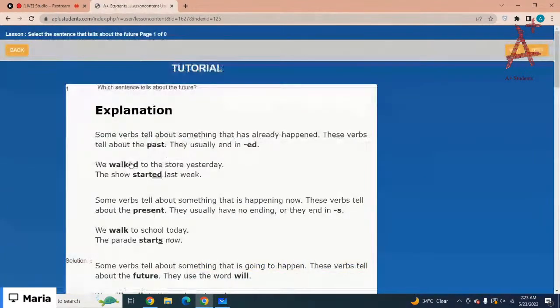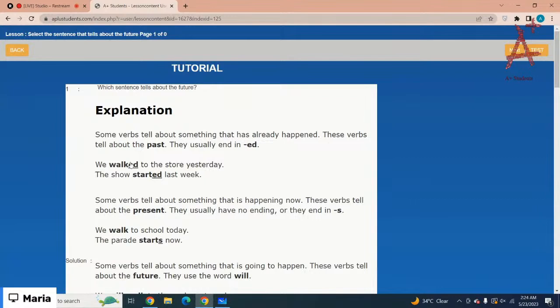Okay, so again, let's just look at the definitions. Some verbs tell about something that has already happened. These verbs tell about the past. They usually end in ed. That means whenever you have a verb ending with ed, the sentence is in the past tense. Some verbs tell about something that is happening now. These verbs tell about the present. They usually have no ending or they end in s.